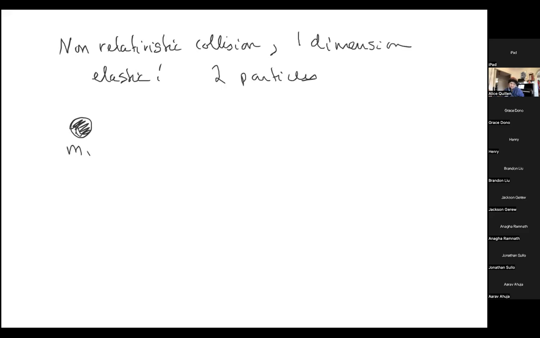So we have m1, and it's got some initial velocity, v1I. That's its initial velocity, and it's going to hit some other particle here, which is m2, and it's got an initial velocity v2I.